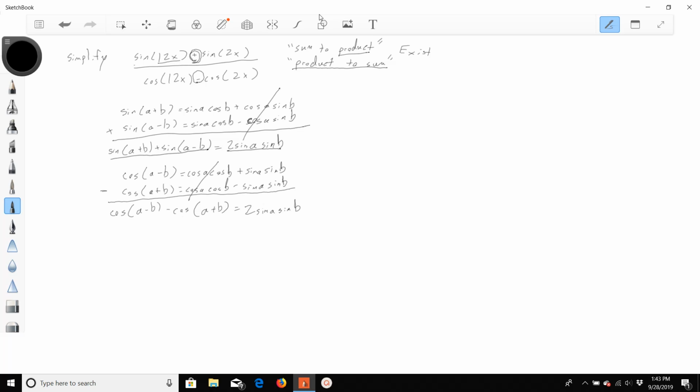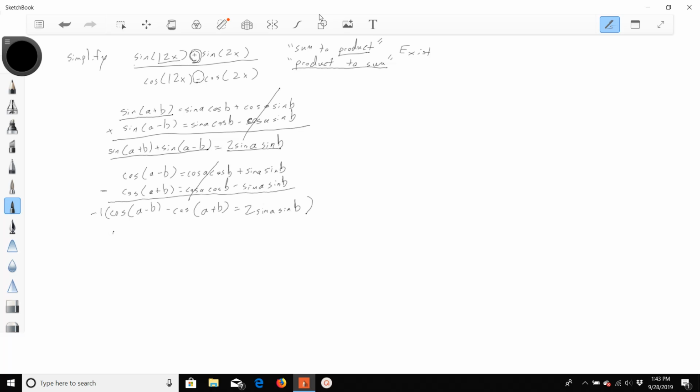Just for consistency's sake, since I started with the addition of two angles, sine of a plus b, and I started with subtraction here, I'm going to make my formulas consistent. In other words, in this formula I'm going to multiply it by -1. That just flips all the signs.